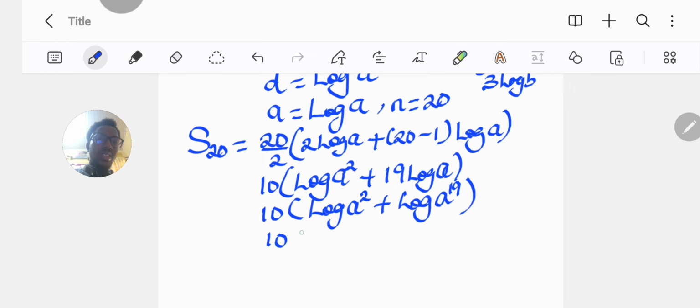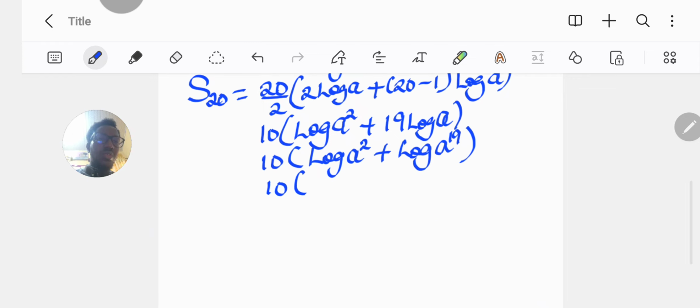And from here we have that this is the same as 10, open bracket, from the law of logarithm again, log of a raised to power 2 times a raised to the power of 19.